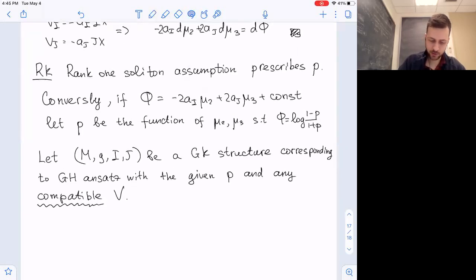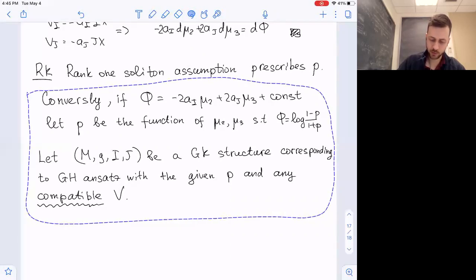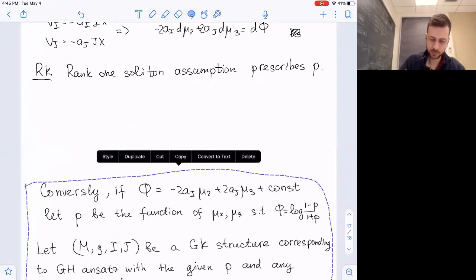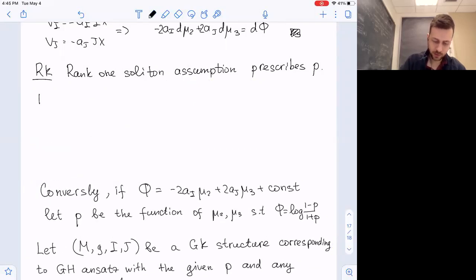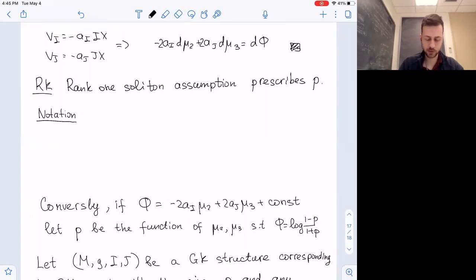Before I describe this converse part, I want to introduce a notation which will be a bit more convenient for what I'm going to write. Notation. It turns out that geometrically, mu2 and mu3 are not the most convenient coordinates to work with on the domain of the image of the moment map. So we introduce mu plus to be mu2 plus mu3, and mu minus to be mu2 minus mu3.